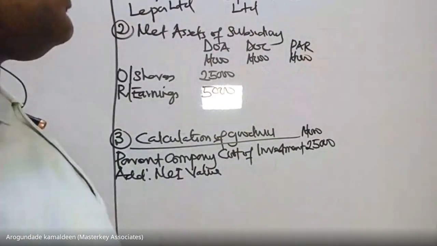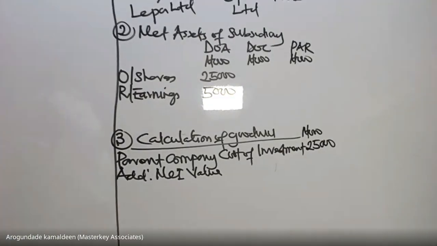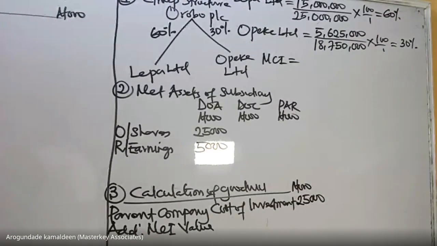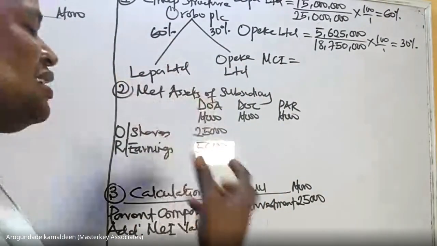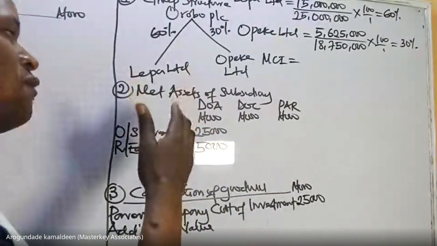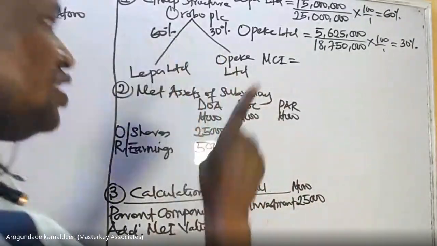Now, whenever they give you the share price of the subsidiary, and you are told that the NCI is at fair value, what you are going to do is determine the NCI percentage of the subsidiary's total number of shares.